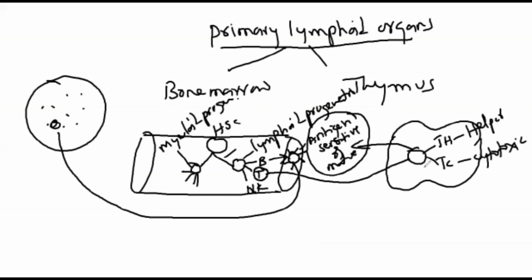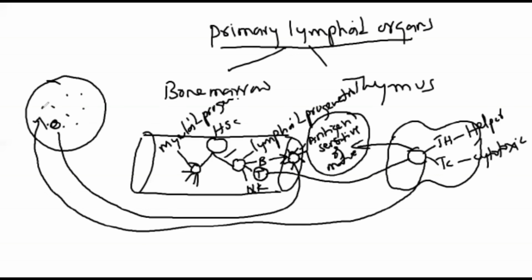After maturation, the same T cells reach the secondary lymphoid organs where they can recognize the antigen and become active cells. So this clearly indicates that primary lymphoid organs are those where you can observe formation and maturation. So B lymphocytes represent bone marrow or the bursa of birds, and T cells represent the thymus.